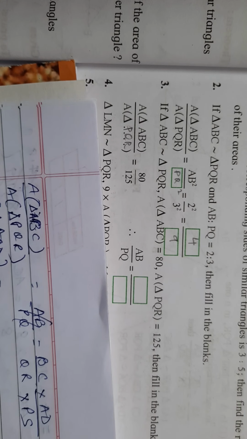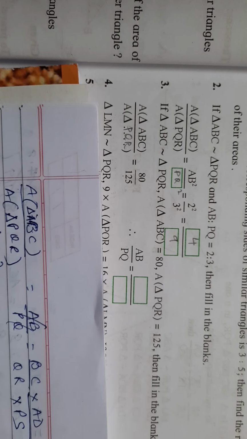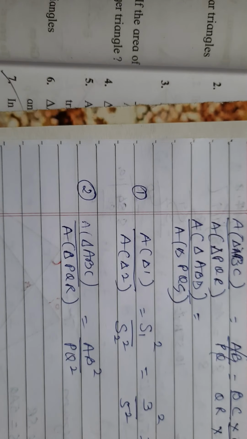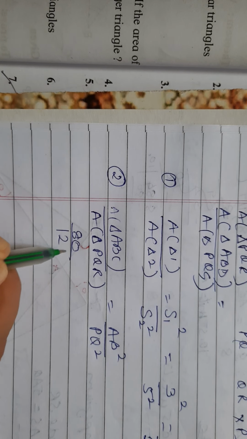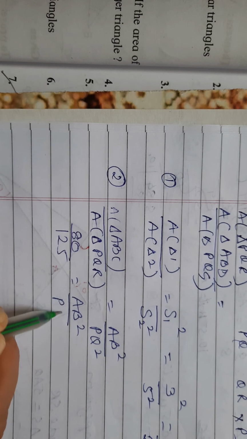Area of triangle ABC upon area of triangle PQR should be equal to AB square upon PQ square. Now the two areas are given as 80 upon 125. 80 upon 125 is equal to AB square upon PQ square.